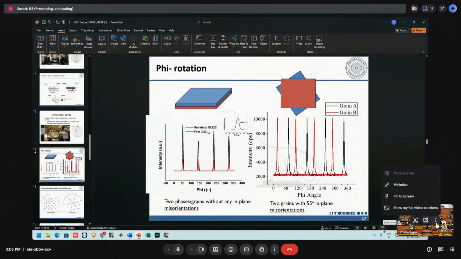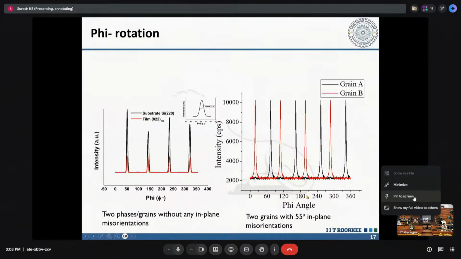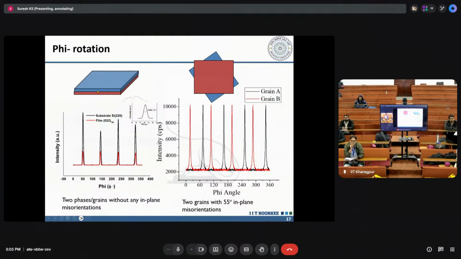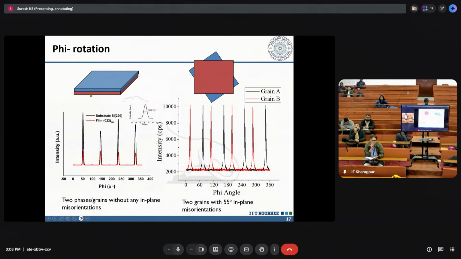So the in-plane misorientation. What I mean is, in this particular case, the substrate and film are two different entities in terms of their chemical composition. But assume these have exactly the same composition and the orientations are the same, then it becomes a single crystal.